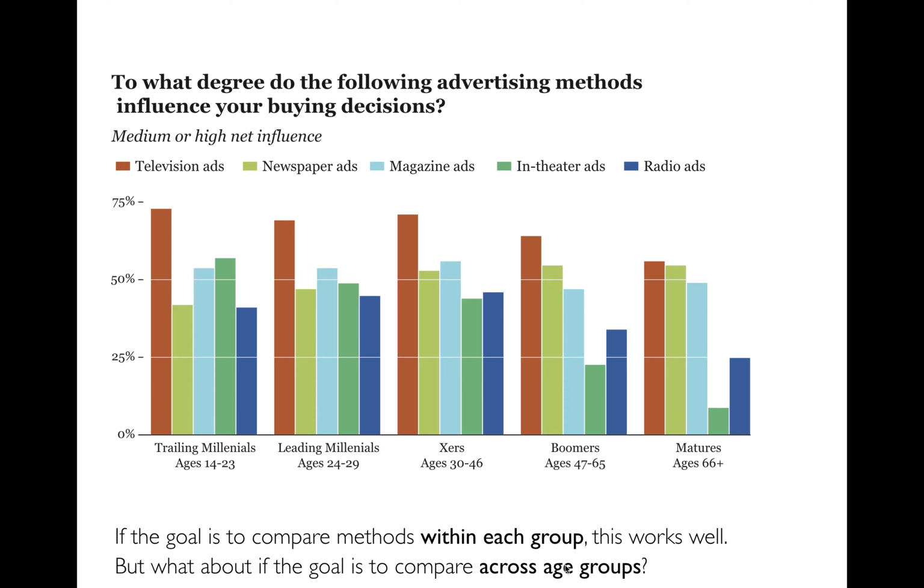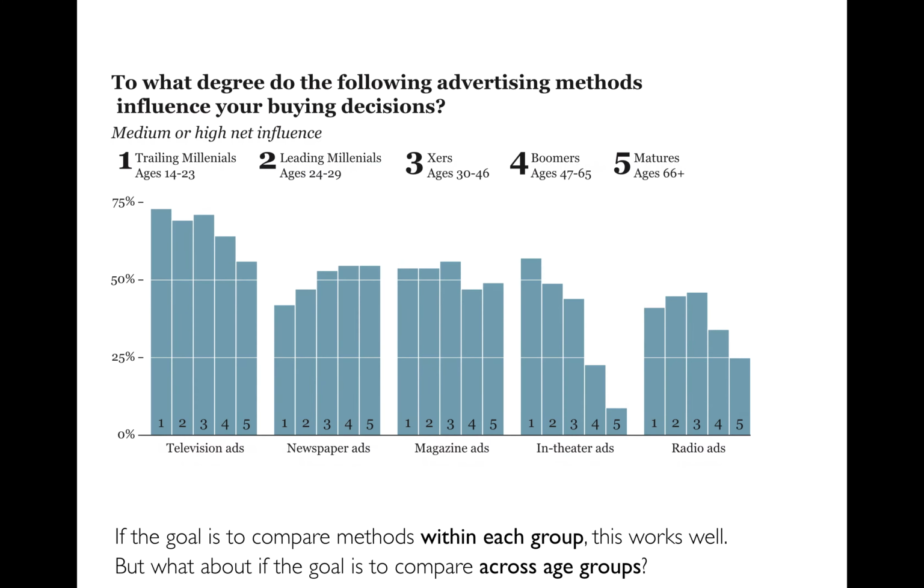It would be much better, if that is the emphasis we want to have, to rearrange the bars, and rather than organize the bars by age groups, we could organize the bars by method of delivery, by media. For example, we have television ads, and then each one of the bars corresponds to each one of the age groups.